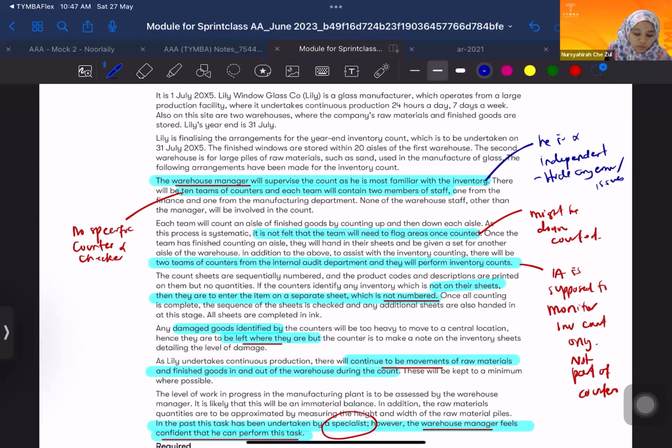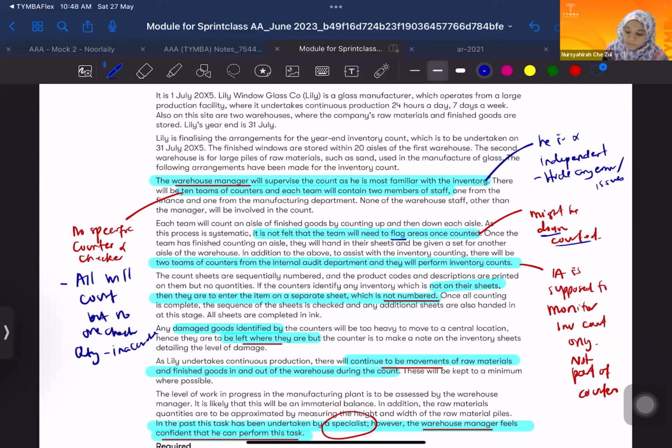For the second issue, no specific counter and checker, therefore all will count but no one checks, so the quantity might be inaccurate. You can say the area is not flagged to show what has been counted, so it could result in double counting.